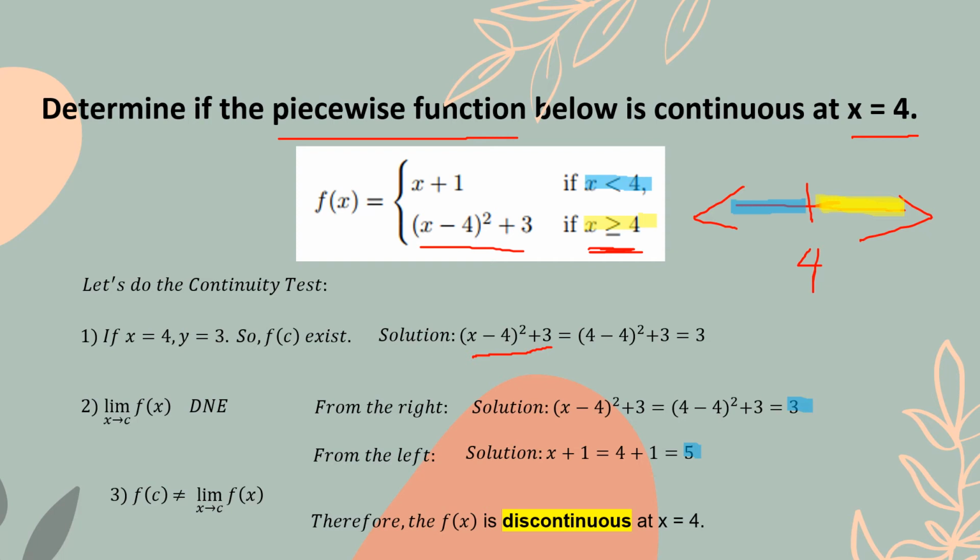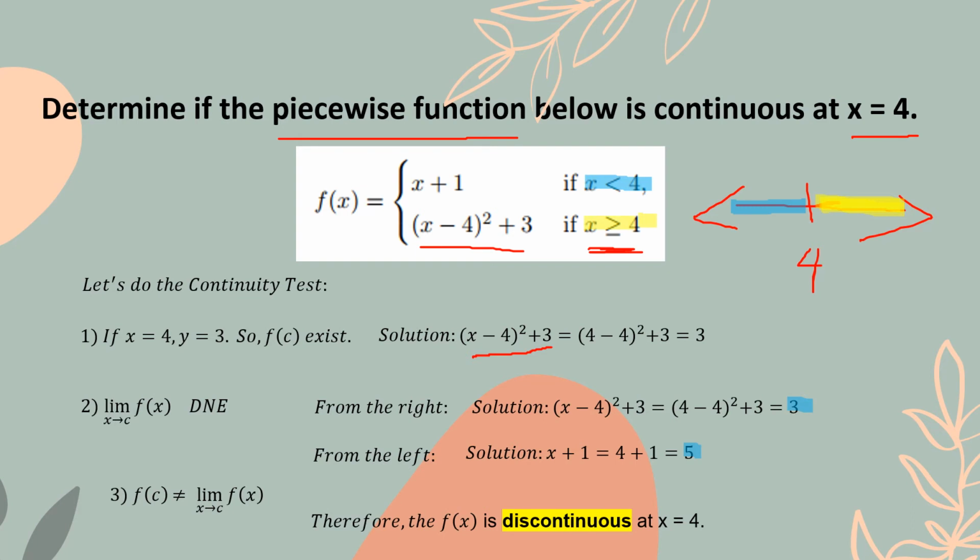Again, for a piecewise function, you have to evaluate it based on the given. If x equals 4, look for where the equal to 4 is. If it's not equal to 4, look at the less than.